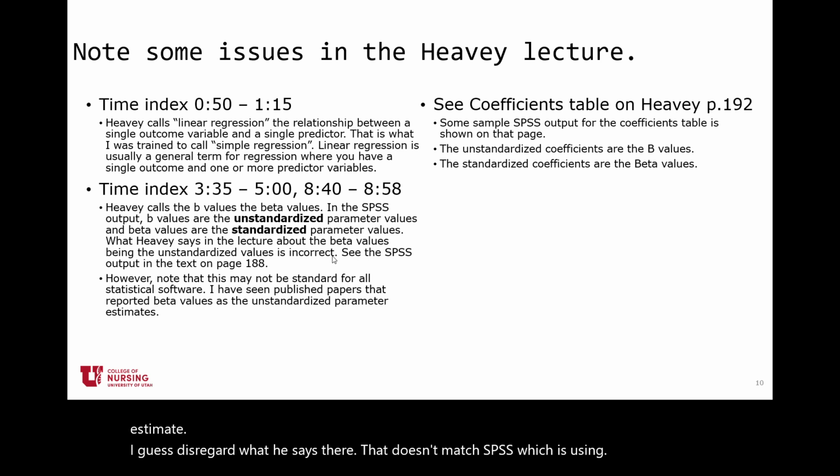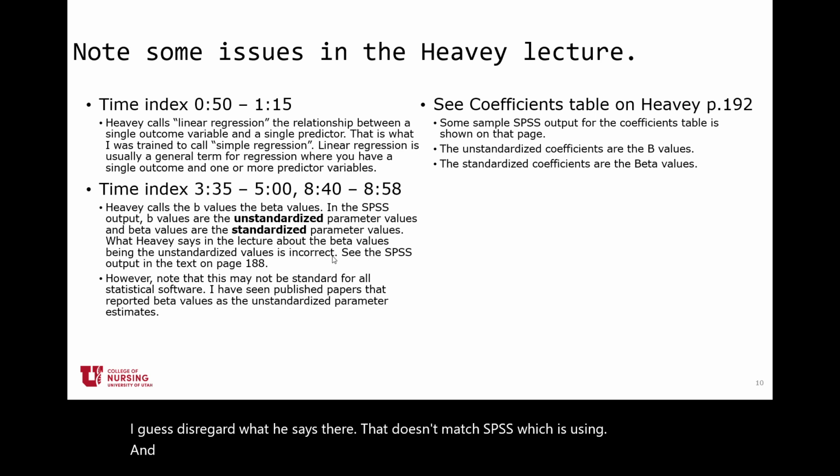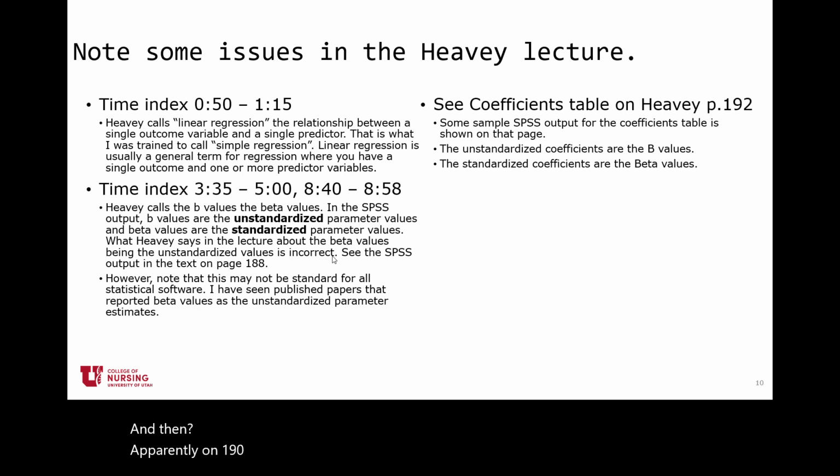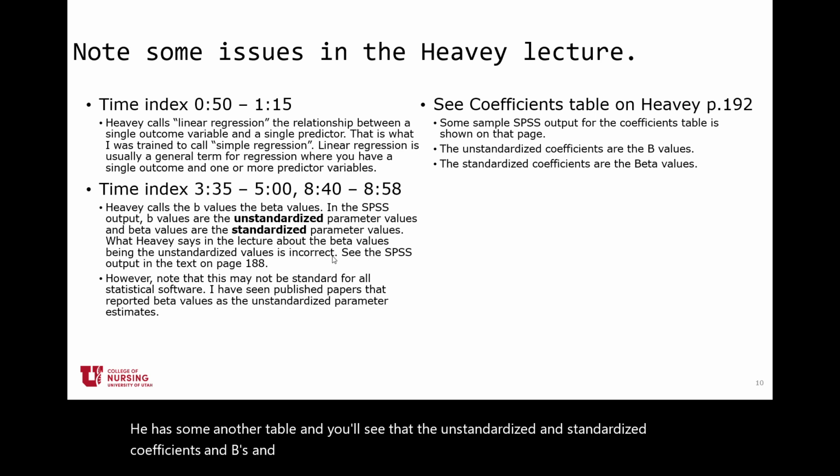And then apparently on 192, Hevy has another table, and you'll see that the unstandardized and standardized coefficients and B's and betas are listed correctly in the textbook there. So disregard those parts of the lectures.